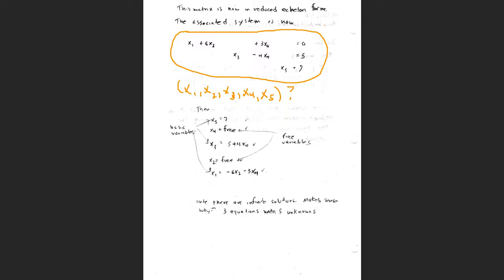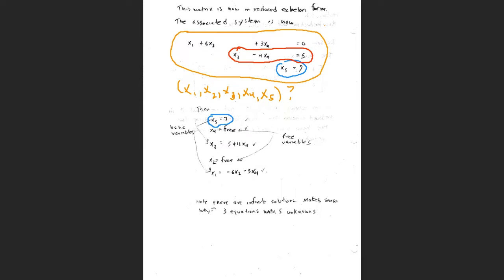So x5 equals 7. That's a basic variable. And when we look at the second equation here, you have 1 equation and 2 variables. That means one of the variables has to be a free variable.